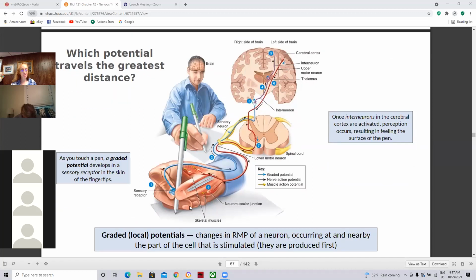You can assess what it feels like. Is it smooth? Is it rough? Graded local potentials are changes in the resting membrane potential of the neuron that occur at or near the part of the cell that's stimulated.